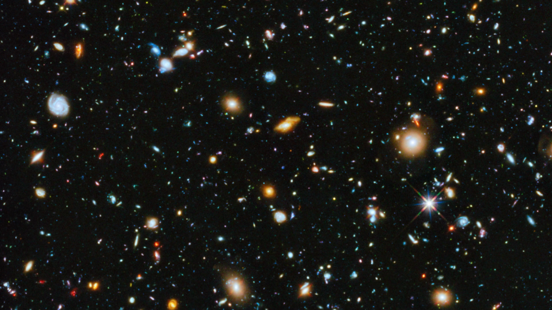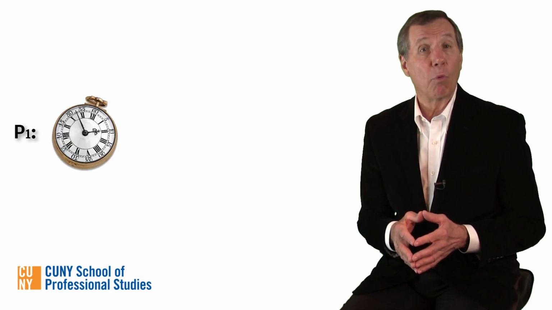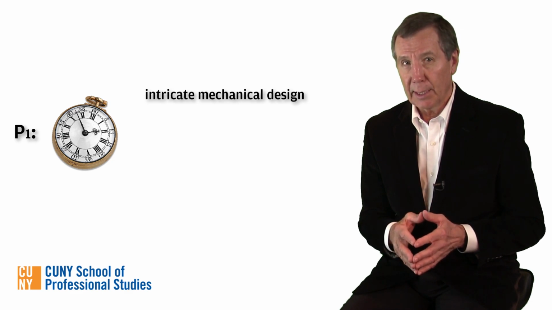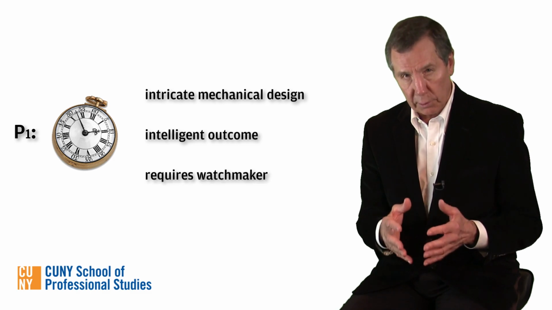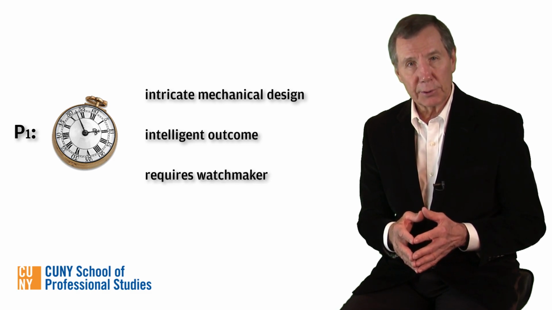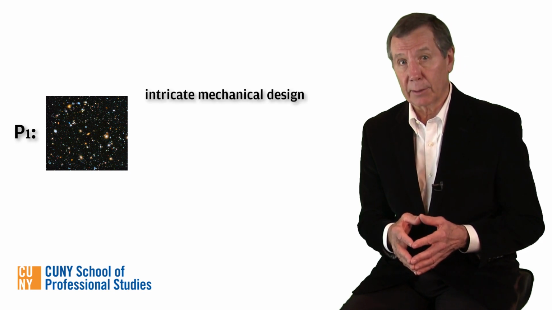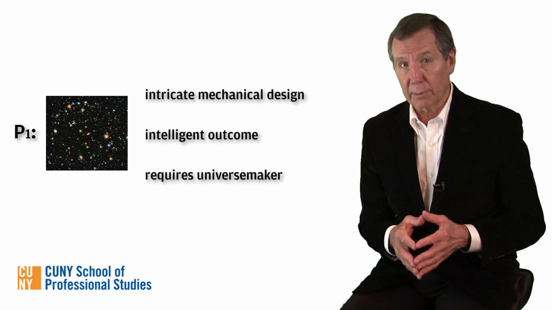Here's the reasoning. Premise 1, just as the existence of a watch, which has an intricate mechanical design that produces an intelligent outcome, requires a watchmaker, so the existence of the universe, which also has an intricate mechanical design that produces an intelligent outcome, requires a universe maker.